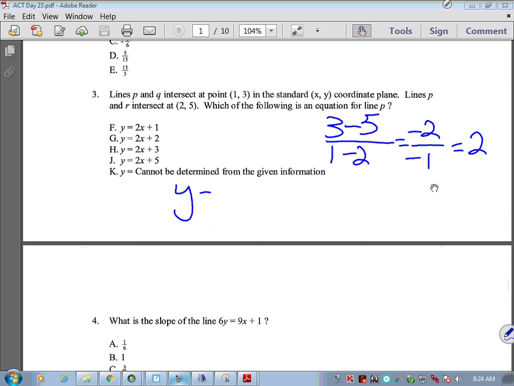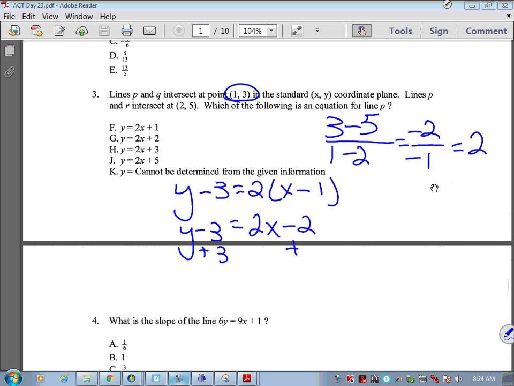Let's say that I'm using 1, 3, and I want to do y minus 3 equals 2 times x minus 1. Okay, I see where I messed up. I didn't multiply 2 and 1. I just multiplied 2 and x. So we got y minus 3 equals 2x minus 2, right? And then I'm going to add 3. Okay, y equals 2x plus 1.